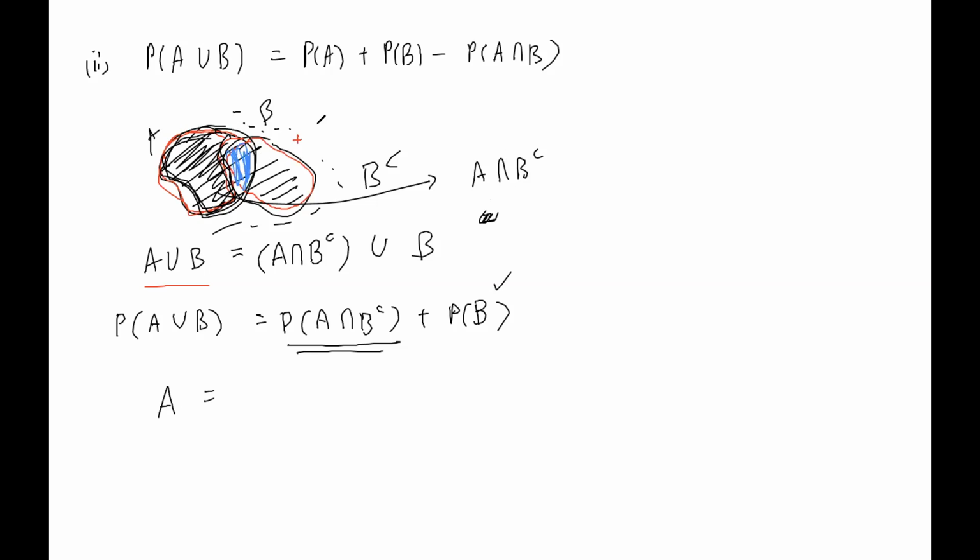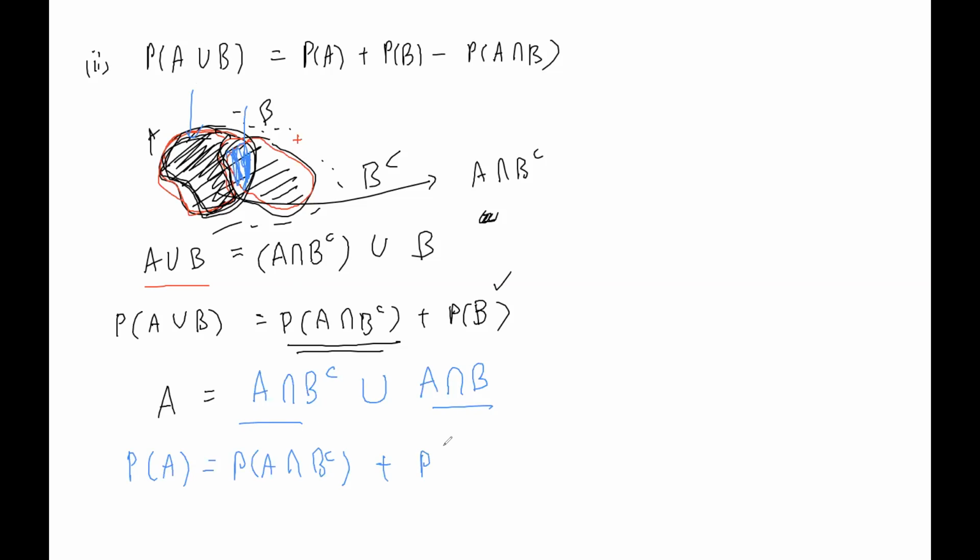So therefore, it is A intersect B complement union A intersect B. Therefore your P(A) is equal to P(A and B complement) plus P(A and B).